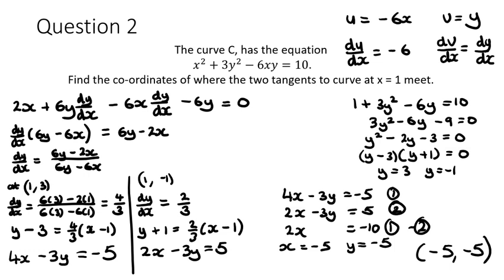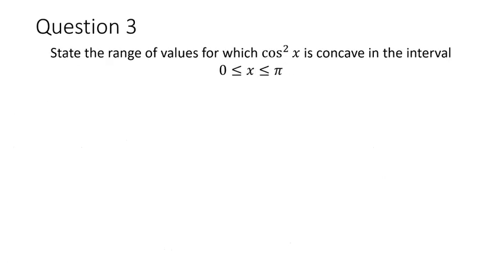Right. Question 3 then. State the range of values for which cos squared x is concave in the interval between 0 and pi. Concave means that the second derivative is negative. To be concave, the second derivative has to be negative.